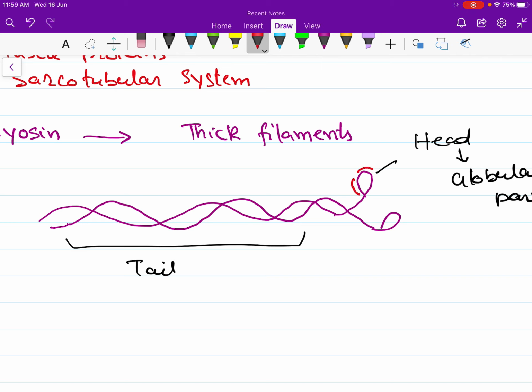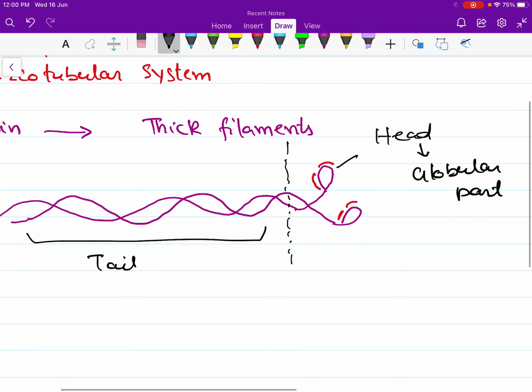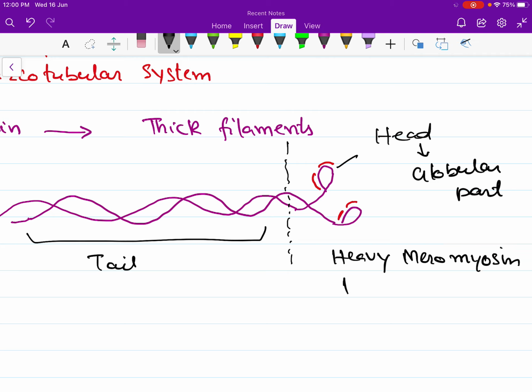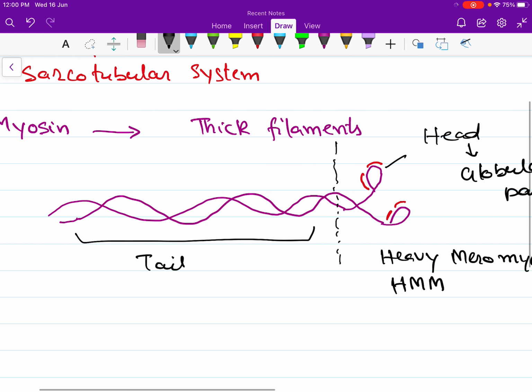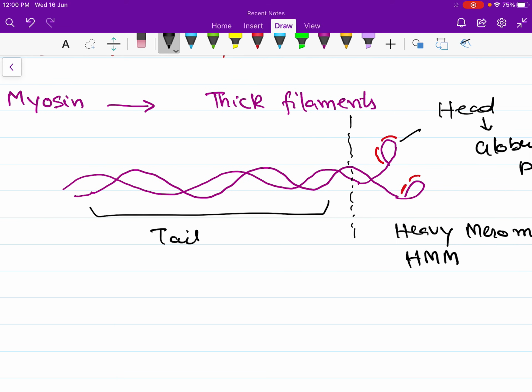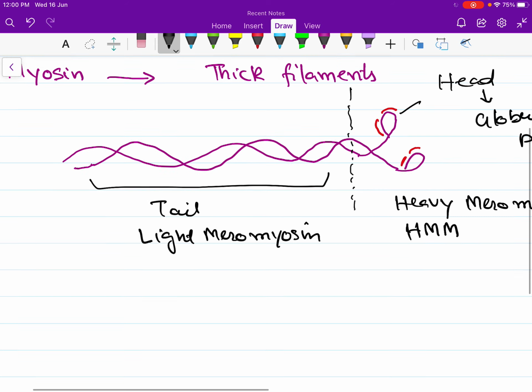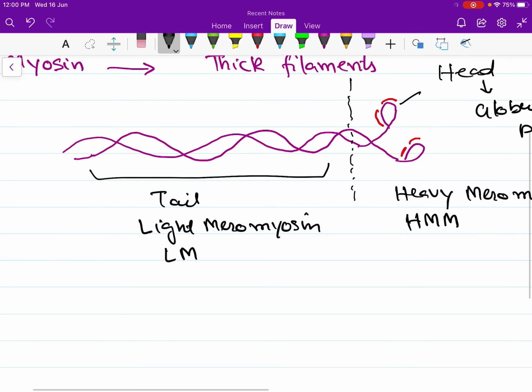If we cut this portion, near the head portion there is greater density, therefore this region is also called heavy myosin, or it is also written as HMM, while the tail region is called light myosin, or it is also written as LMM.